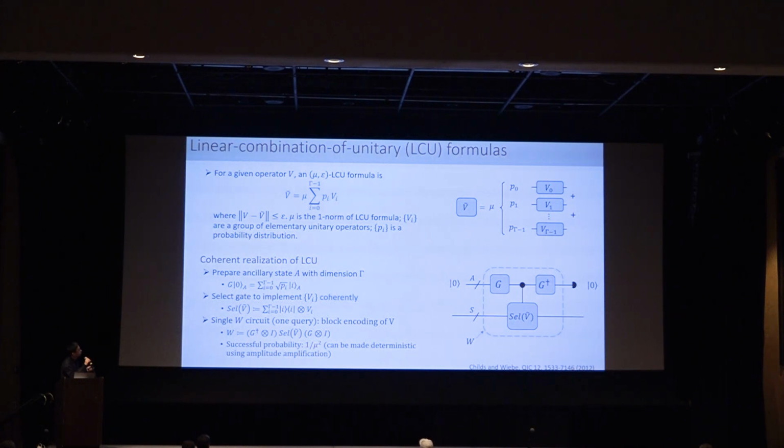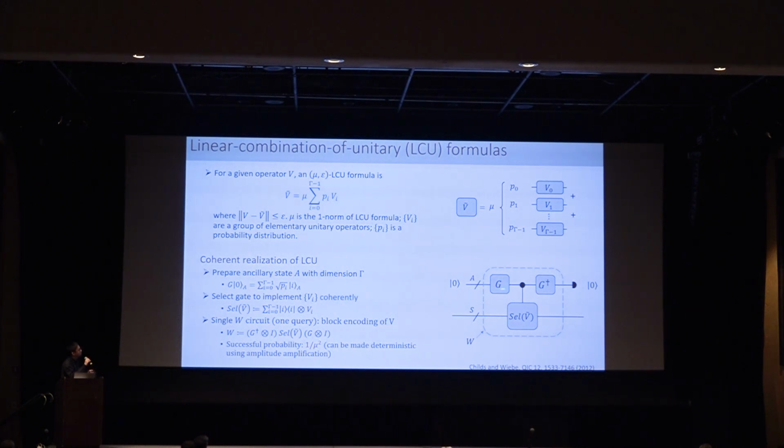Realizing this kind of LCU is a little bit trickier than Trotter. What you usually do is introduce a large ancilla. You first embed the amplitudes into this ancilla, and you do a so-called select gate to implement each V_i coherently. Then you unprepare the ancilla state.